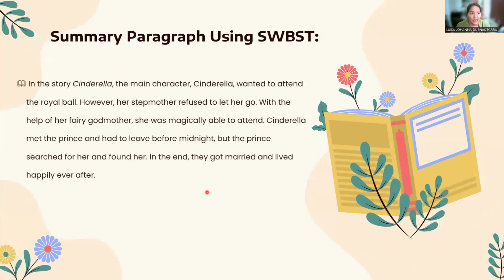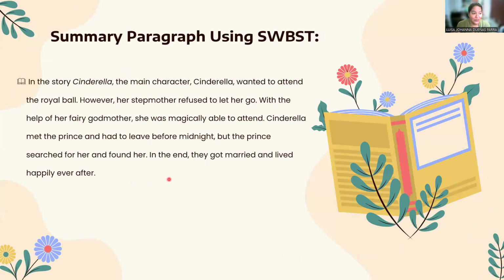Now let's take a look at how this will end. At the end of the summary, we get this, applying the SWBST of course. In the story Cinderella, the main character, Cinderella, wanted to attend the royal ball. However, her stepmother refused to let her go. With the help of the fairy grandmother, she was magically able to attend. Cinderella met the prince and had to leave before midnight, but the prince searched for her and found her.